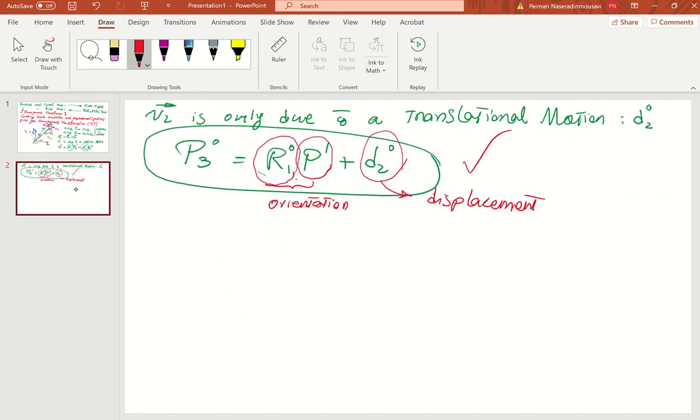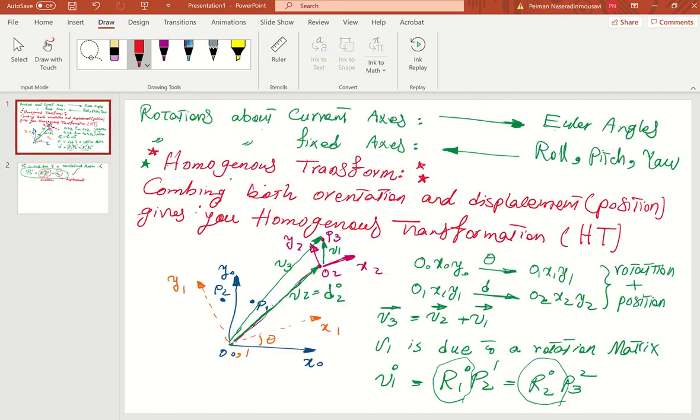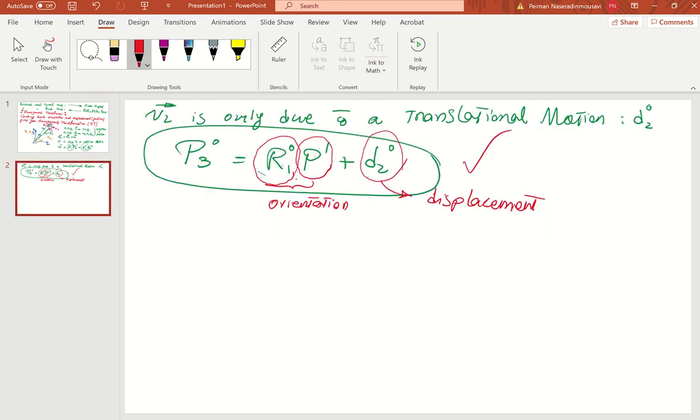So this is orientation, or rotation. Then we are transferring everything, P2, O1, X1, Y1, by the displacement D2 with respect to 0, and we get the result. Understand? Now let me make it more general.